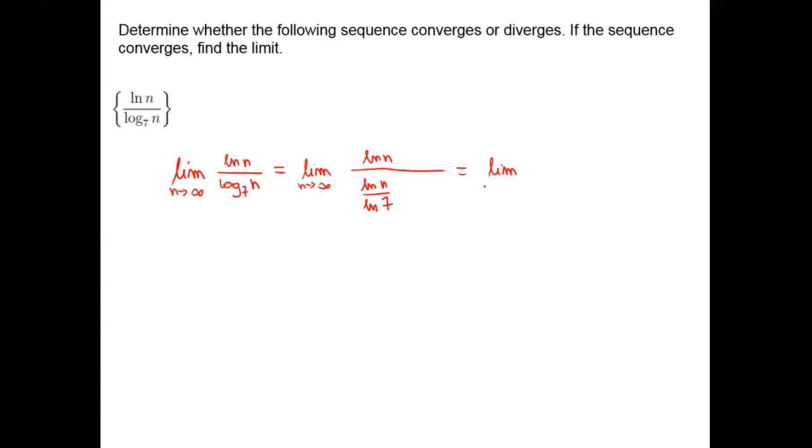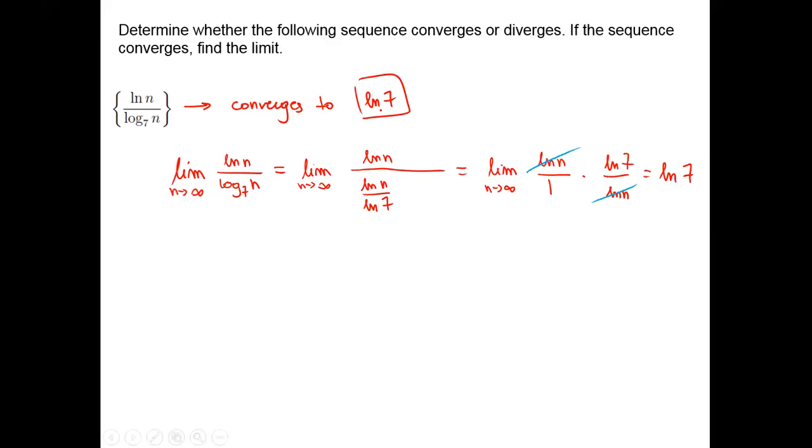Let's simplify. I have natural log of n, and dividing by a fraction means multiplying by the reciprocal, ln of 7 over ln of n. We can nicely see that the final answer is just ln of 7. The sequence converges to natural log of 7.